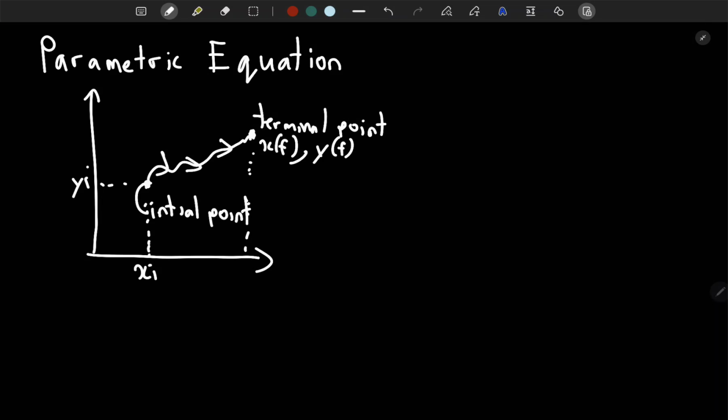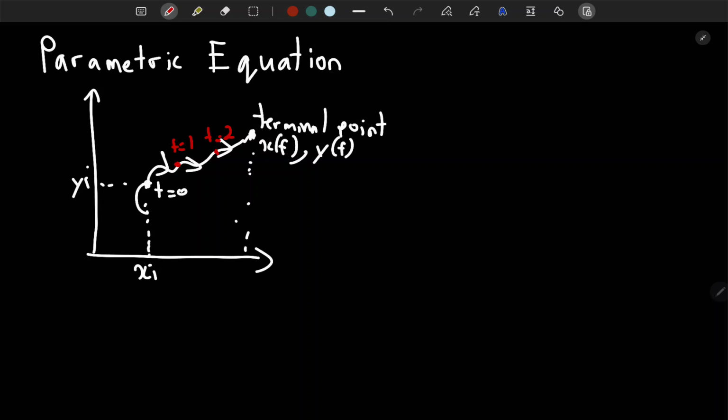Now the main thing in parametric equations is that t is the variable. So we have x and y, and then we have another variable called t, and at the initial point t is going to be equal to 0. This point, for example, let me do it with a different color maybe, is t equal to 1, this point, for example, is t equal to 2, and so on.